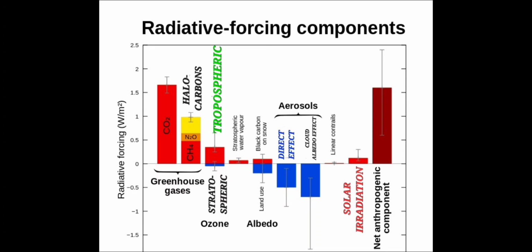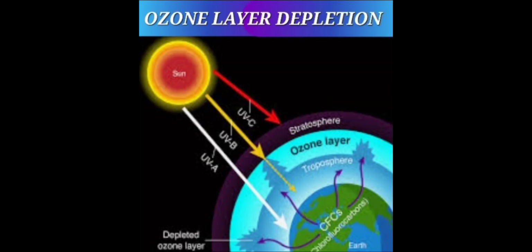Most of the chlorine resides in the reservoir compounds, primarily the chlorine nitrates as well as a stable end product such as hydrochloric acid. These end products remove chlorine from the ozone depleting process. The reservoir compounds that sequester chlorine can later be made available via absorption of light at wavelengths shorter than 400 nanometers.